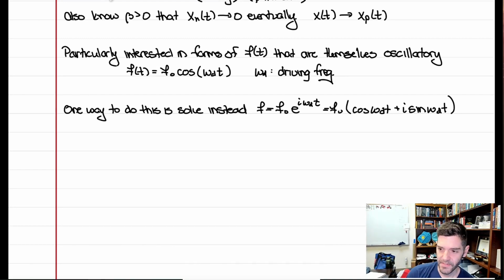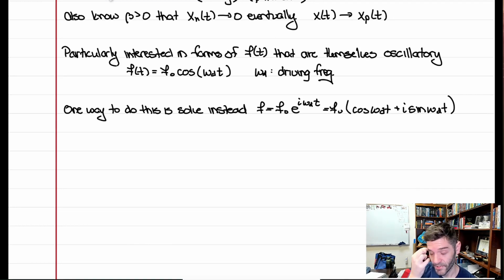And why it's sometimes useful to do it this way is that if you solve it with complex numbers, using all the various fun properties of complex numbers, it's easy to deal with exponentials. You can solve this general solution, and you'll likely get a solution that is complex, but then you just look at the real part. Since the real part here is the cosine part, that would give you the solution if f of t was just f naught times cosine.